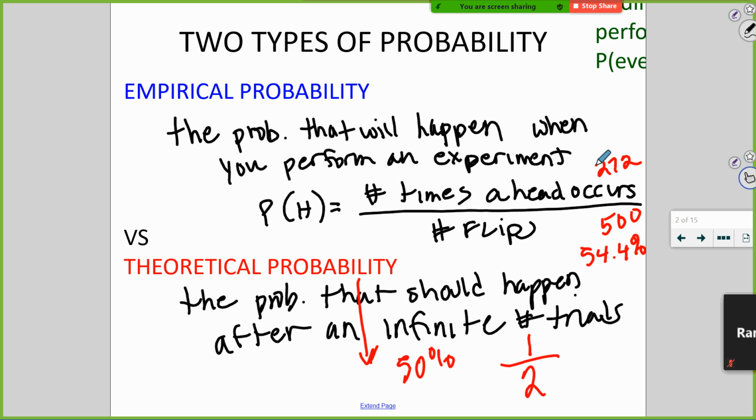So through your homework, these words are going to be used. Empirically is what actually happens. Theoretically is what should happen over a large number of trials. Any questions on those two different types of probability?